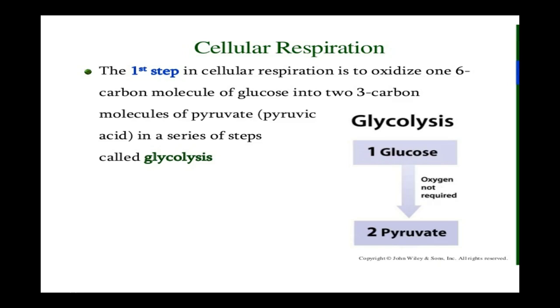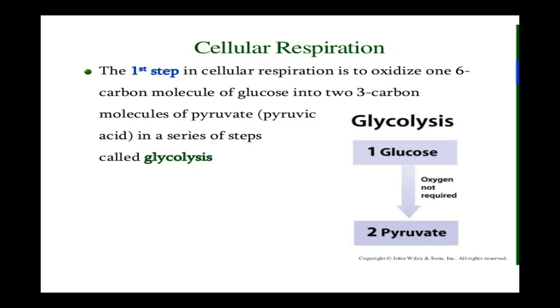So the first step in cellular respiration is to oxidize one 6-carbon molecule, and what that 6-carbon molecule means is that you have 6 carbons in that ring, and also remember those carbons are numbered. Eventually there'll be another term to know, and in order to understand that you need to know that we do a phosphorylation that takes place on the number 6 carbon, and that is broken in half.